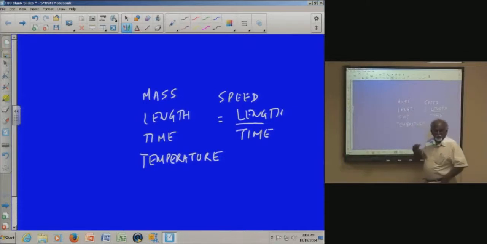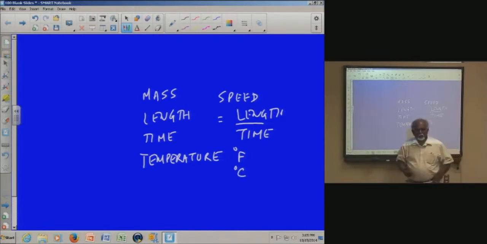The ones that we are most familiar with are things like Fahrenheit or centigrade. Right? So like the temperature outside is 65 degrees Fahrenheit. And of course, we know how to convert Fahrenheit into centigrade and so forth.